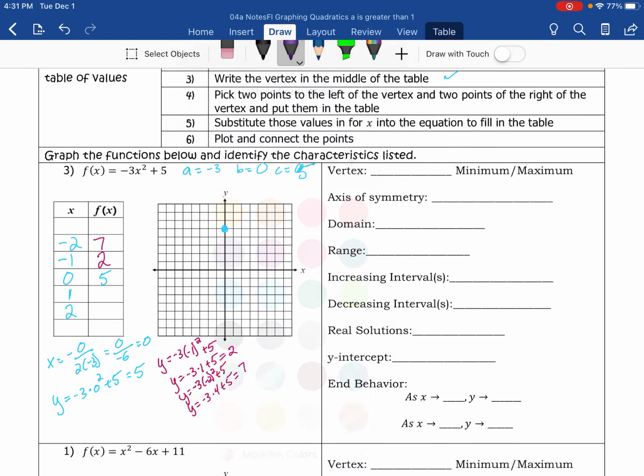I do the same thing on the other side. Y is equal to negative 3 times 1 squared plus 5, which, if you plug it into the calculator, is 2. And y is equal to negative 3 times 2 squared plus 5, which is negative 7.